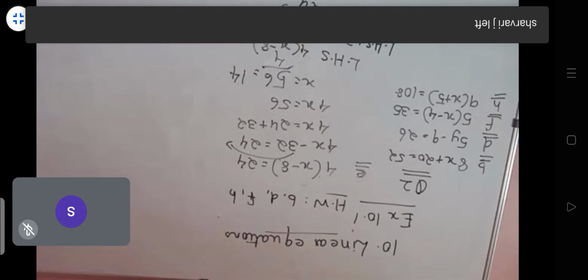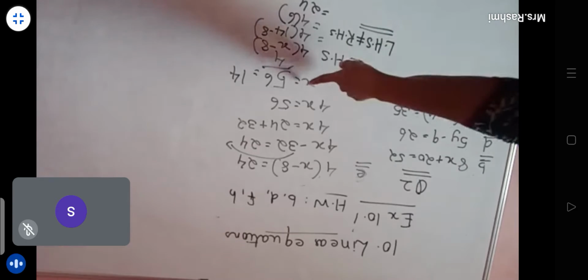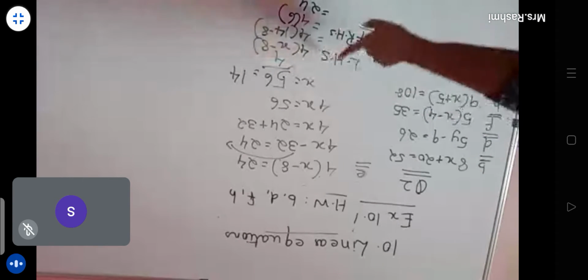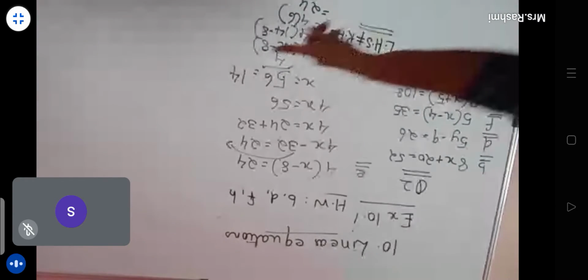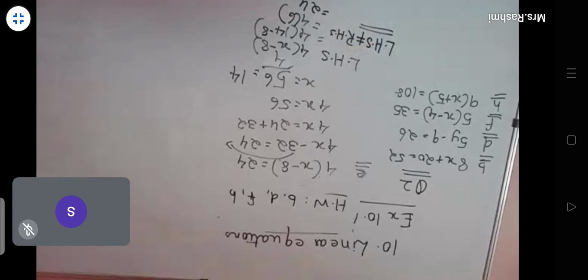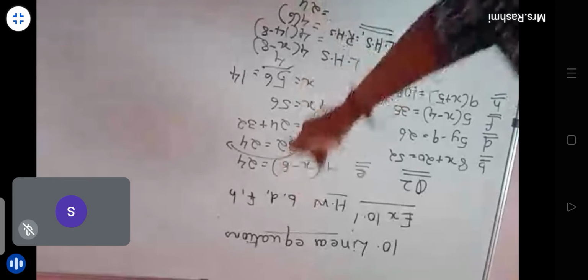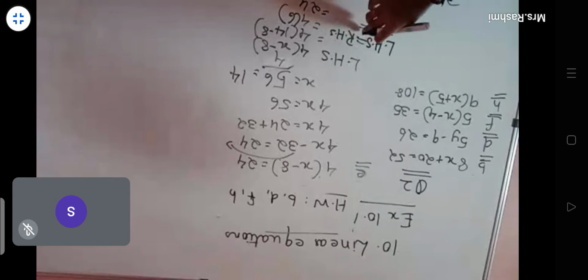Then I added 8 and the answer came 14. This side you got 14, but when you check it with the answer, you don't get 24. Ma'am, I did a mistake. 14 minus 8 is equal to 6, and 4 into 6 is actually 24. Ma'am, your question is 4 into the bracket x minus 8. Means I didn't multiply it by x and 8. Yes, ma'am. It is correct.